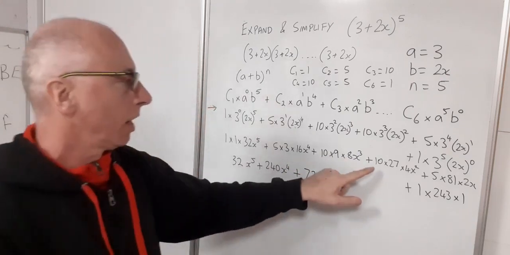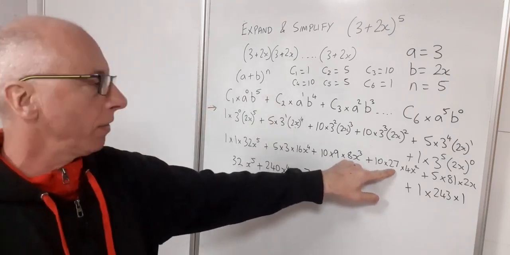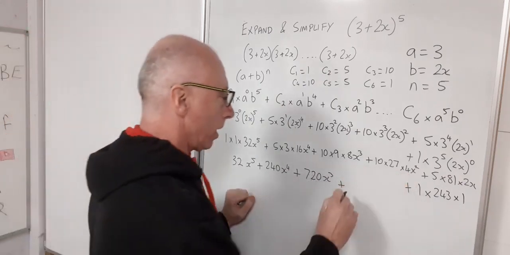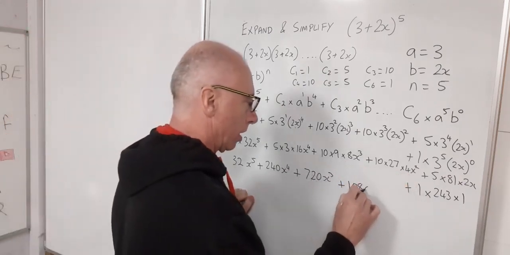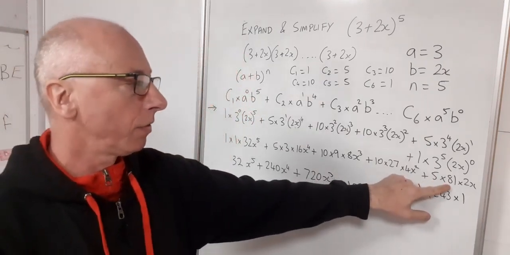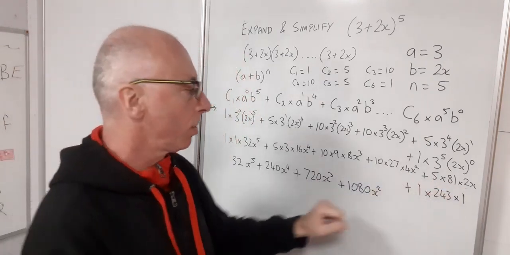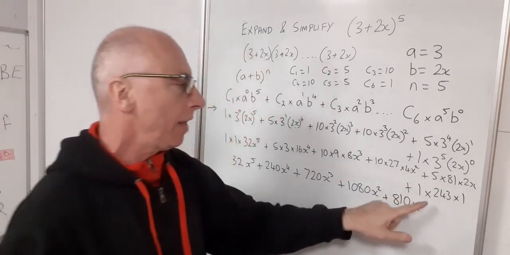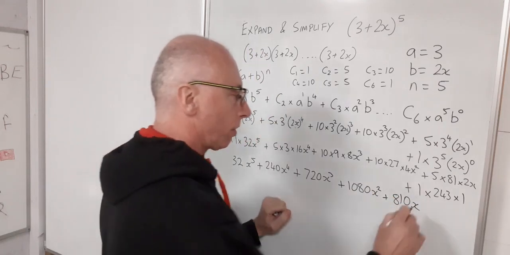And then I've got 10 times 27 is 270, 270 times 4 is 1080, and x squared. And 5 times 81 is 405, times 2 is 810, so that's 810x. And then my last one, just 243.